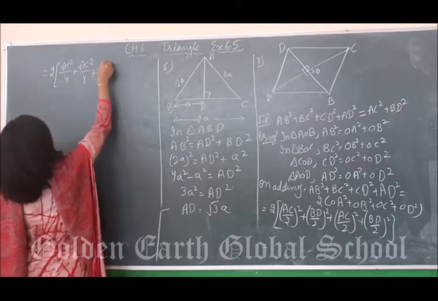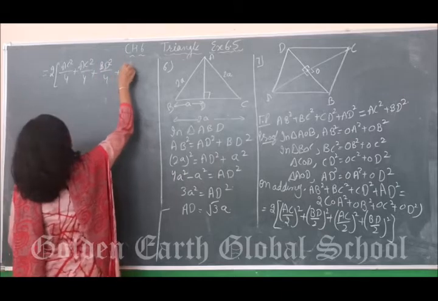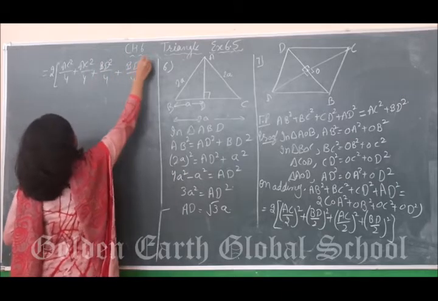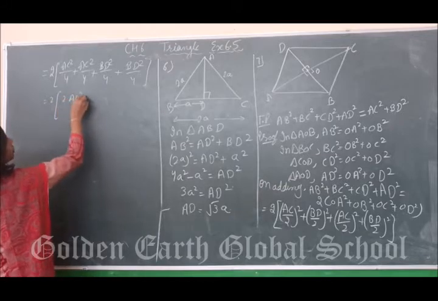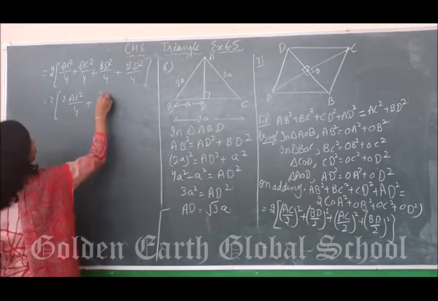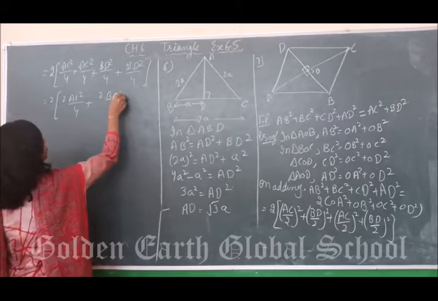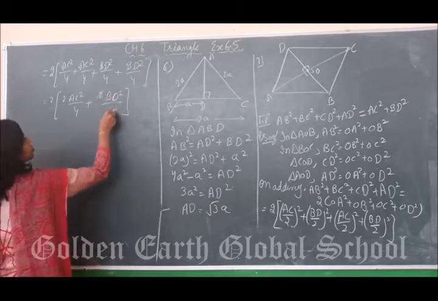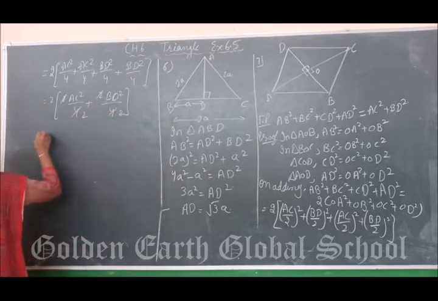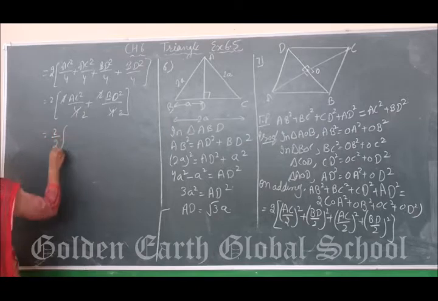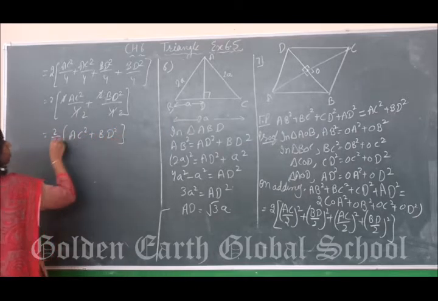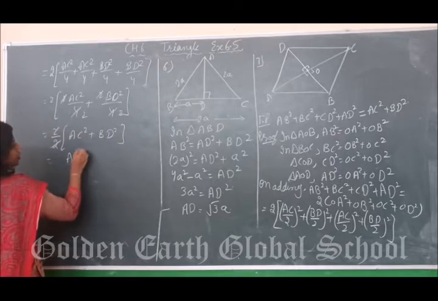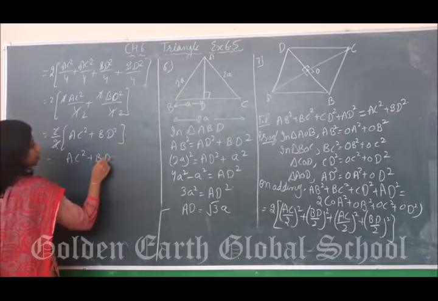Second term BD square by 4 and last term is again BD square by 4. So we can say AC square by 4, 2 AC square by 4, 2 BD square by 4. So we can take 1 by 2 common. 2 will be cancelled, so we get AC square plus BD square.